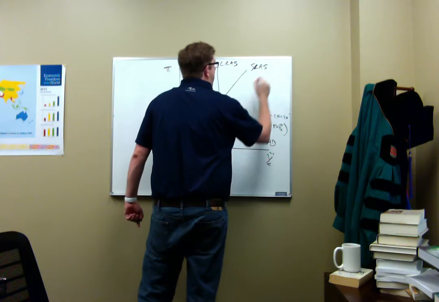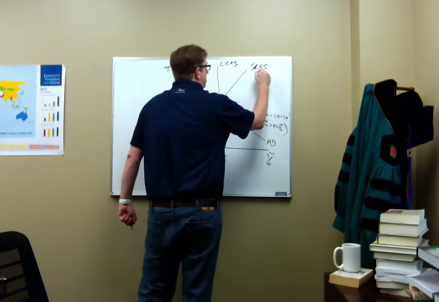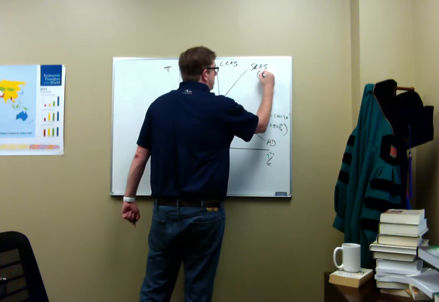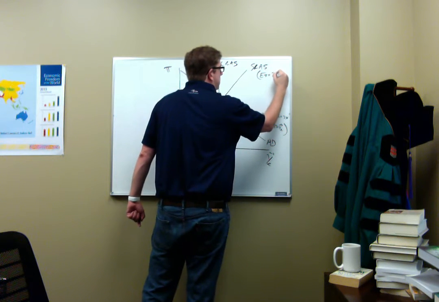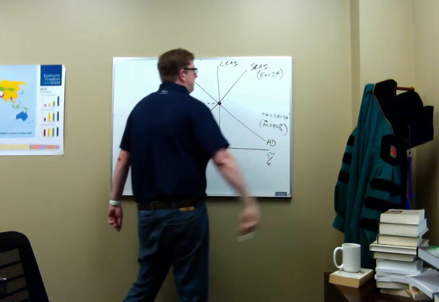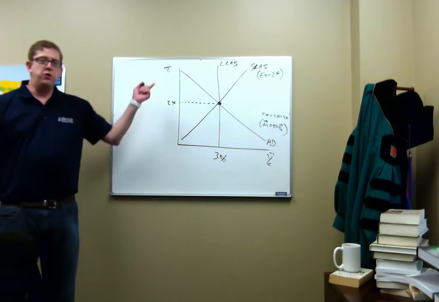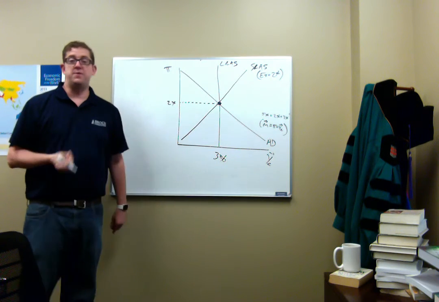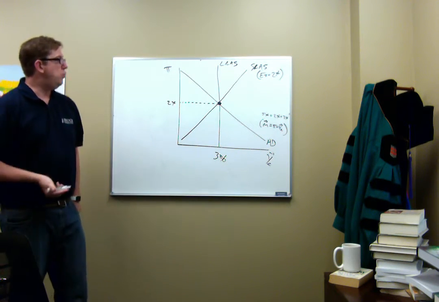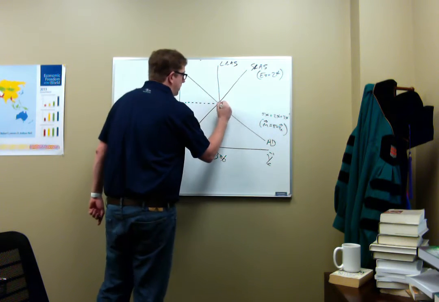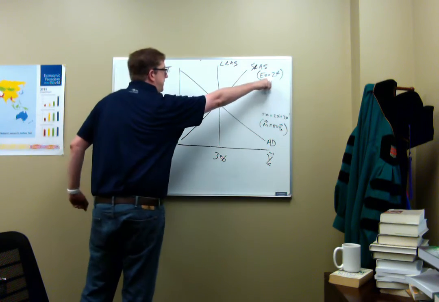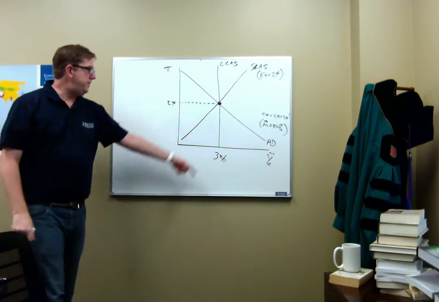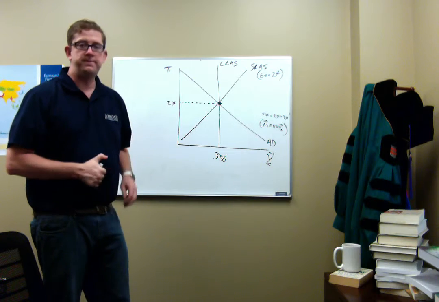So the short-run aggregate supply curve is a world where prices are sticky, and what matters for our visualization of the short-run aggregate supply curve is people's expectations about inflation. Here, we're in long-run equilibrium because expected inflation matches actual inflation, and the economy is at its long-run growth potential.